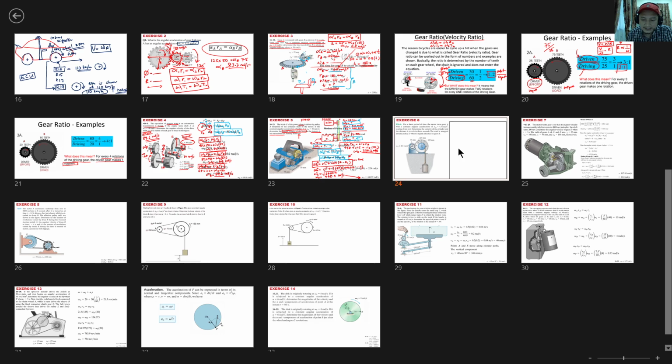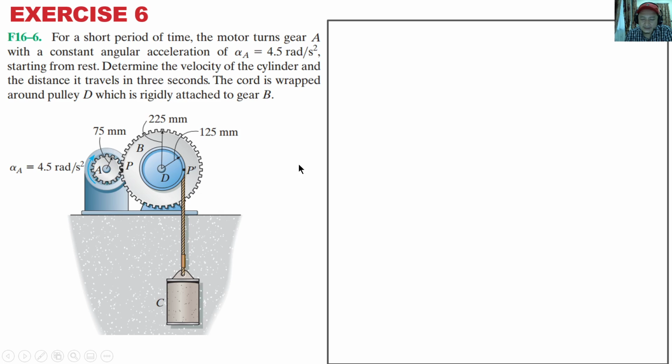That's why you gotta learn how to solve this, because you'll be dealing with a lot of machines and machineries. For a short period of time, the motor turns gear A with a constant angular acceleration. Where is gear A? Okay, this one. 4.5. Determine the velocity of the cylinder and the distance it travels in 3 seconds.